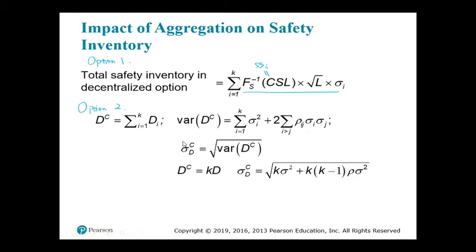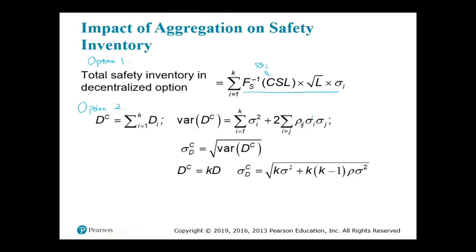And the variance of this total demand is equal to the sum of their variances and their covariances. This is just the formula for the variance of a sum of random variables. Therefore, the standard deviation of total demand is the square root of its variance.